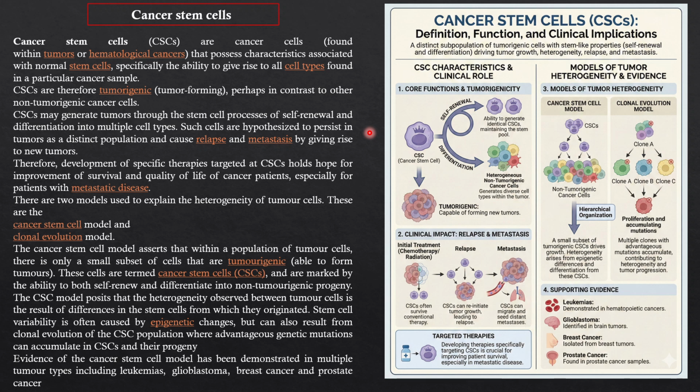The CSCs are clinically highly significant because they contrast two models, the CSC model or hierarchical organization and the clonal evolution model, which is the mutation-driven diversity. The evidence from cancers like leukemia, glioblastoma, and breast cancer supports the existence of the cancer stem cells, making them key therapeutic targets.